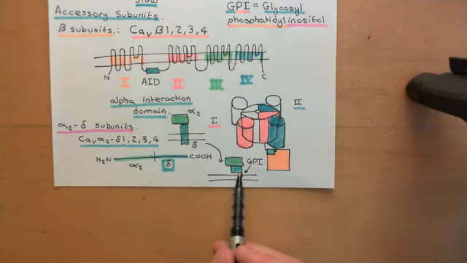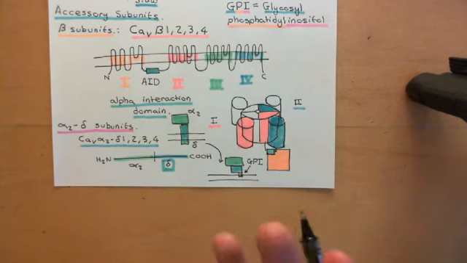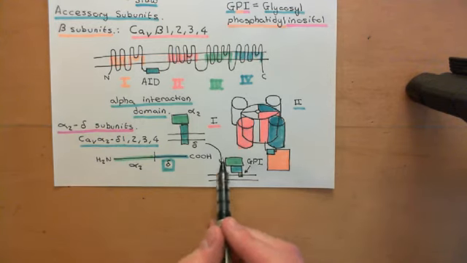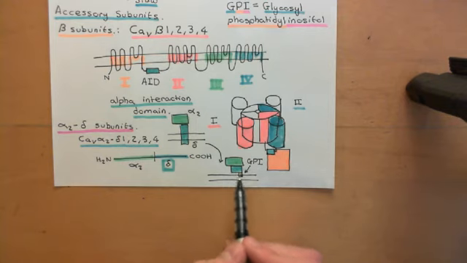So you attach onto the delta subunit a phospholipid that then anchors into the phospholipid bilayer, not as a normal phospholipid, but as a phospholipid, and then holds the entire alpha-2 delta subunit on the extracellular aspect of the cell membrane.